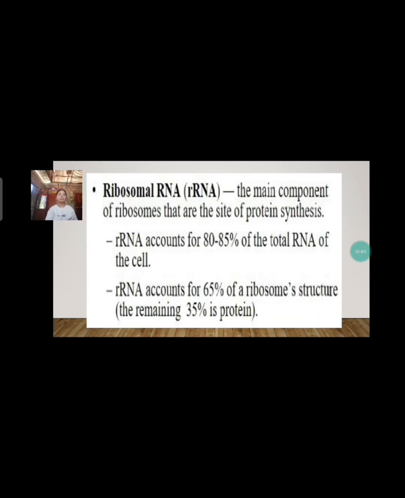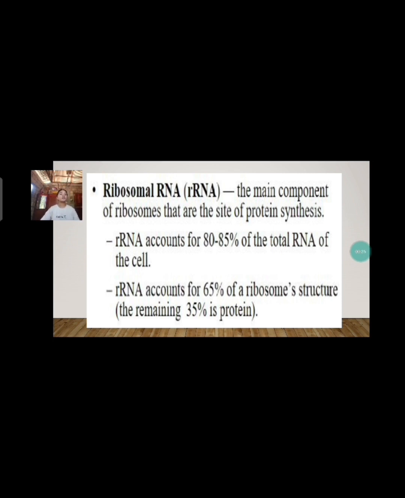Let's move to the ribosomal RNA, or rRNA. It is the main component of ribosomes, which are the site of protein synthesis. rRNA accounts for 80 to 85% of the total RNA of the cell. rRNA accounts for 65% of a ribosome structure.